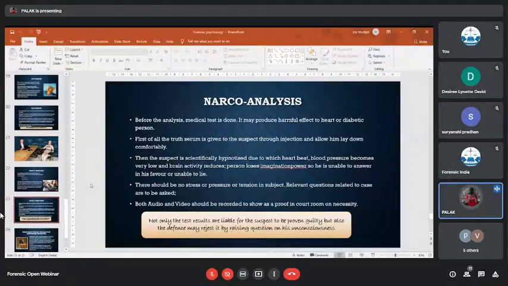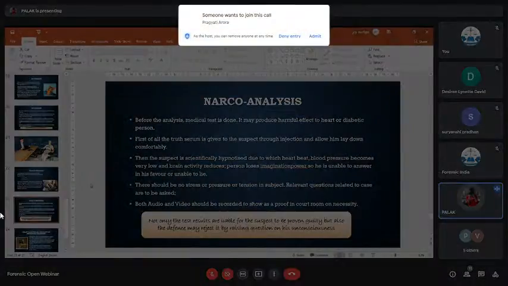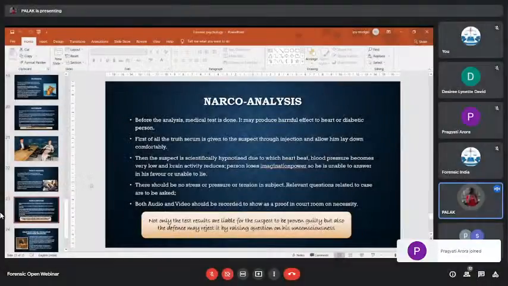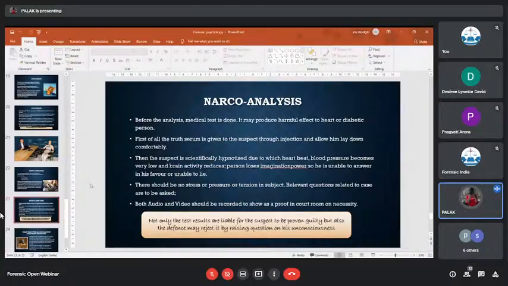First of all, truth serum is given to the suspect through injection and he is allowed to lie down comfortably. Then the suspect is scientifically hypnotized, due to which heartbeat and blood pressure become very low and brain activity reduces. The person loses imagination power, so he is unable to answer in his favor and unable to lie.